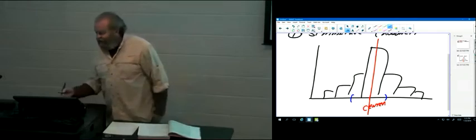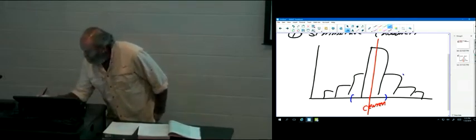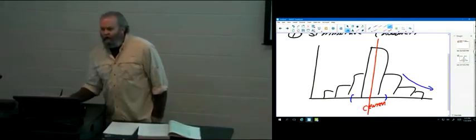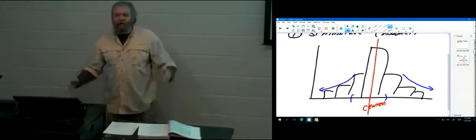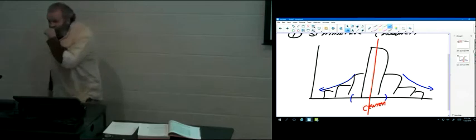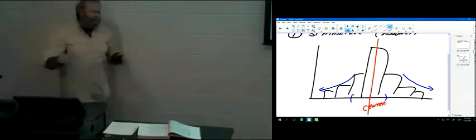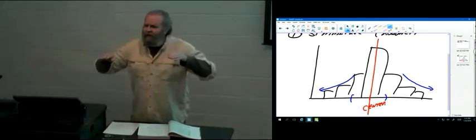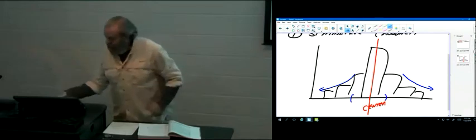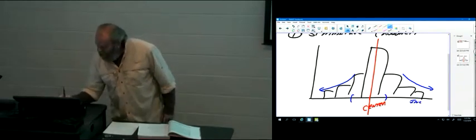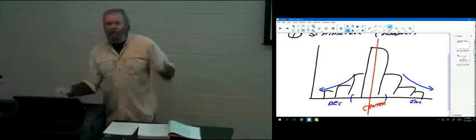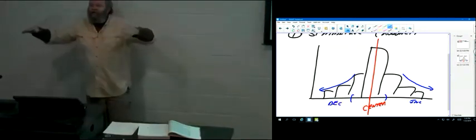I also see that as I go that way, and as I go that way, there are fewer and fewer values. So in other words, as the value of my variable either increases, that would be going that way, or decreases, going that way, there are fewer and fewer values out here in these tails.